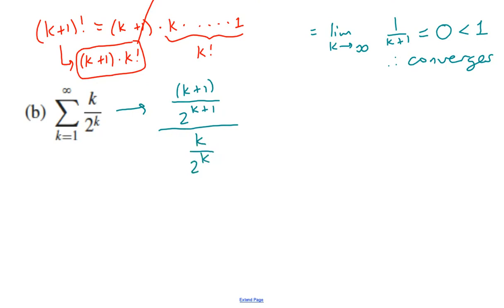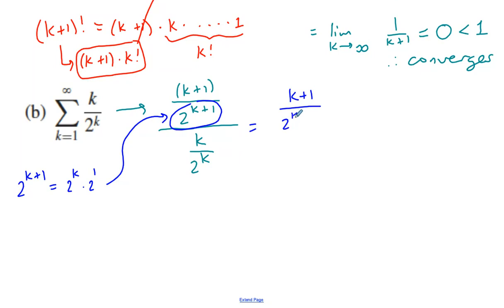Here's what we do this time. We need to work with this exponential piece, 2 to the k plus 1. And we know we have rules of exponents. I can write this as 2 to the k times 2 to the 1. There's my k plus 1. So we're going to go back and rewrite the denominator of this upper term as 2 to the k times 2 to the 1.